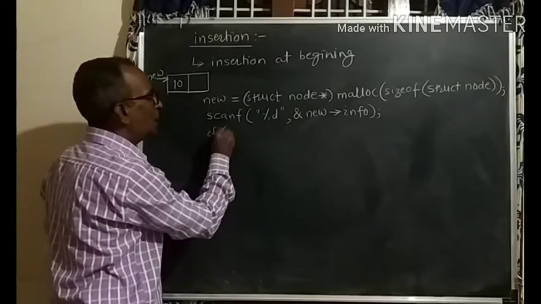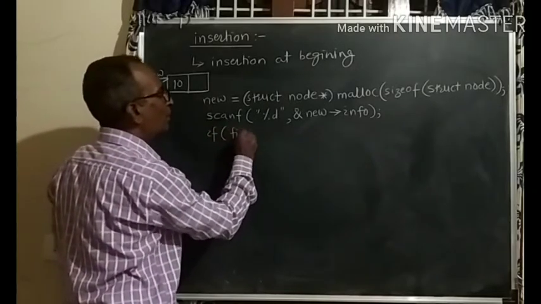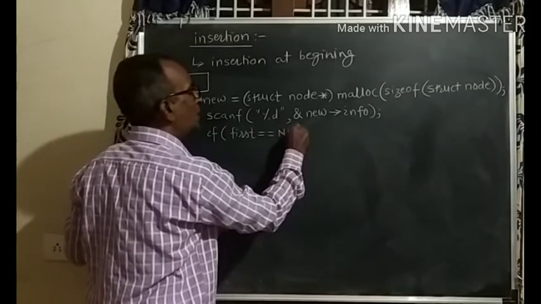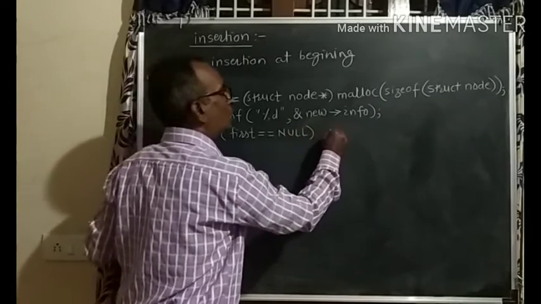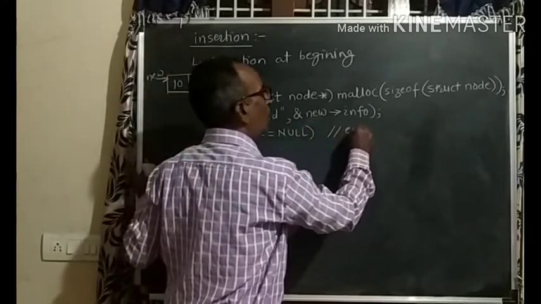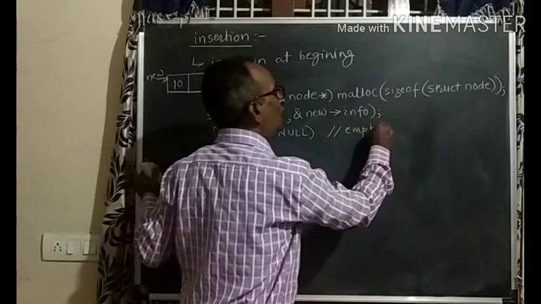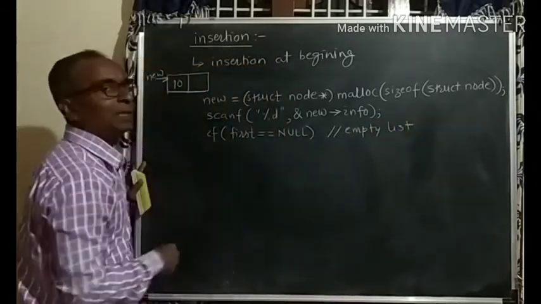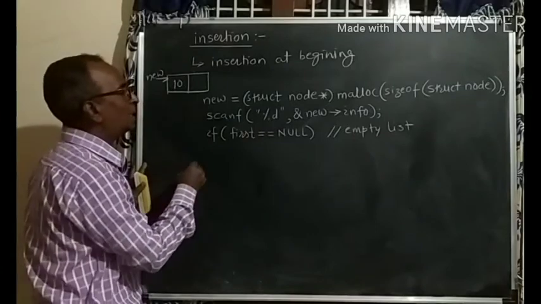Special case is if first is null. This condition is for when you have an empty list and you are inserting at the beginning. Why am I saying this is a special case?